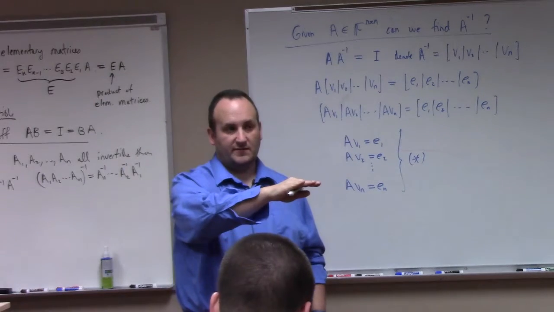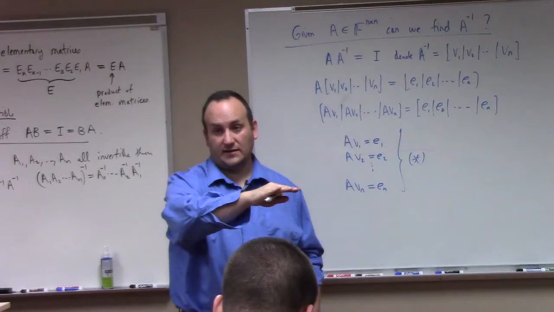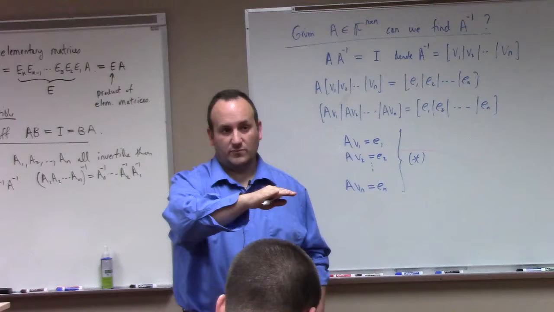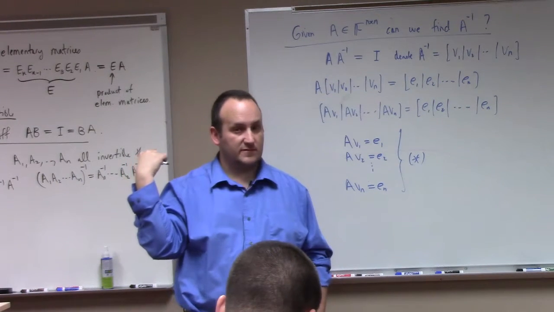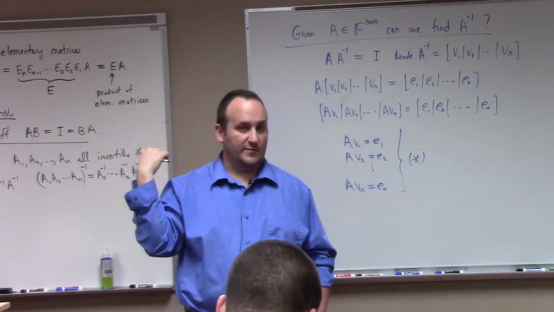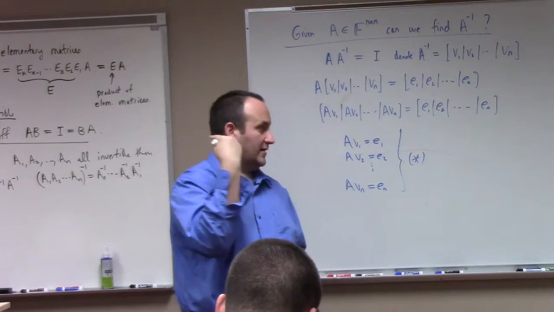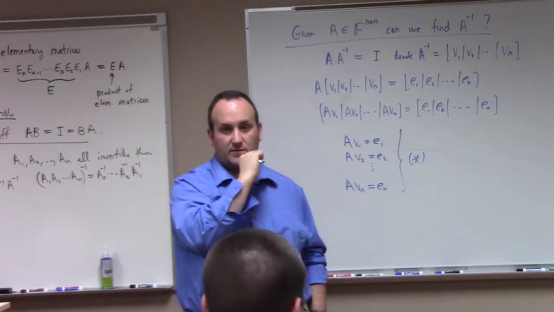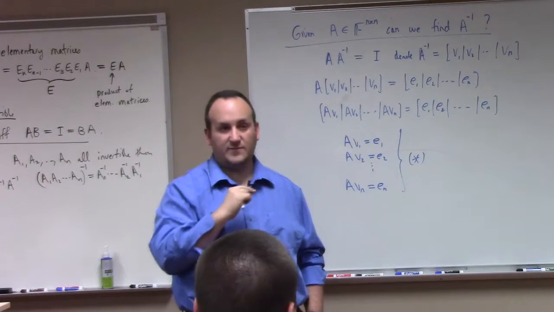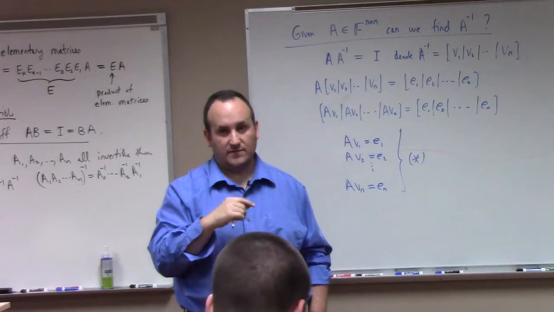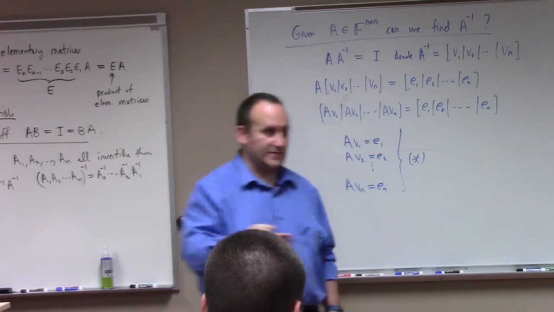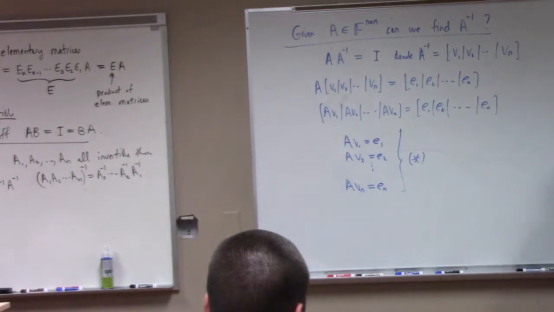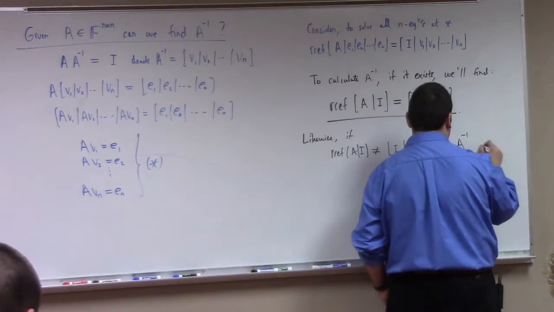If that's the case, that means the solution's not unique, which won't work for us because we already proved that the inverse matrix is unique. So that's out. Or it means there's a non-zero column in the star part, which would correspond to one of these n systems being inconsistent. So again, there's no inverse. In summary, in either of those cases, A inverse does not exist.